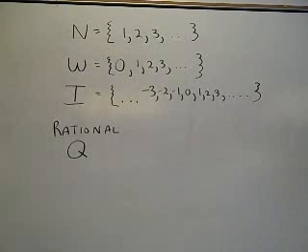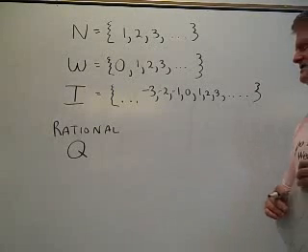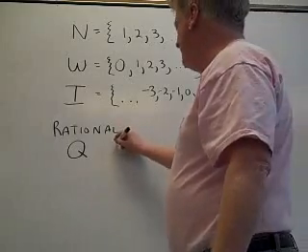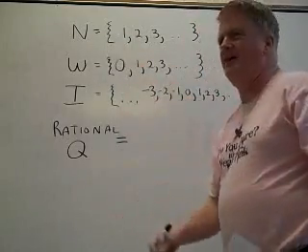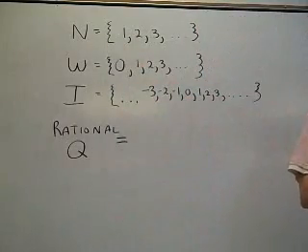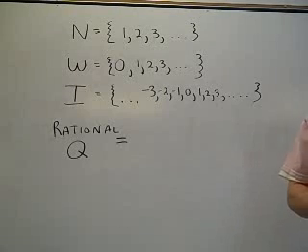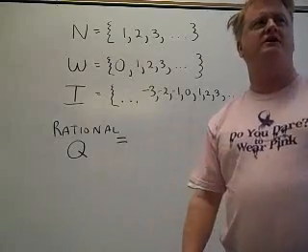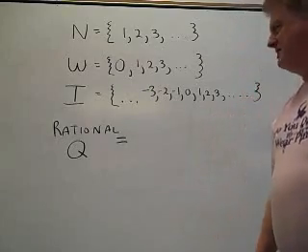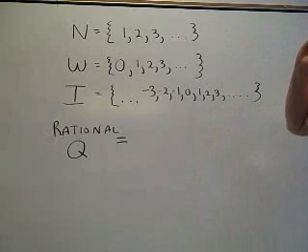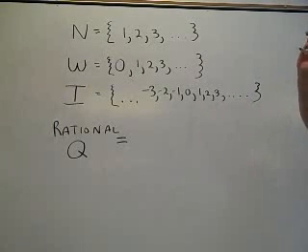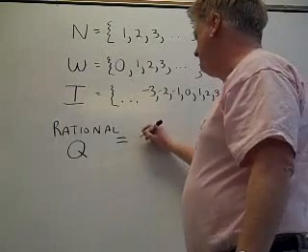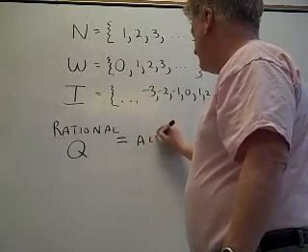Knowing these letters isn't as important as knowing what the sets of numbers are, but Q stands for quotient. So basically the rational numbers are all the numbers that can be expressed as fractions.